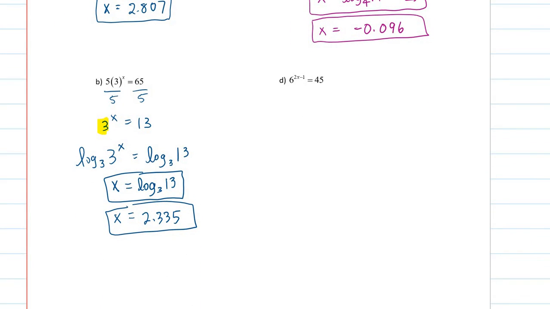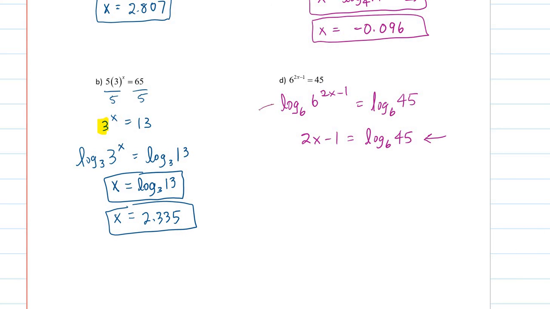Finally, again, you have to do the inverse property in order to get the variable out of the exponent. So I'm going to take the log base 6 this time. Log base 6 of 6 to the 2x minus 1 equals log base 6 of 45. So we just get 2x minus 1 equals log base 6 of 45, which, by the way, if you just go to this next form, that's fine.